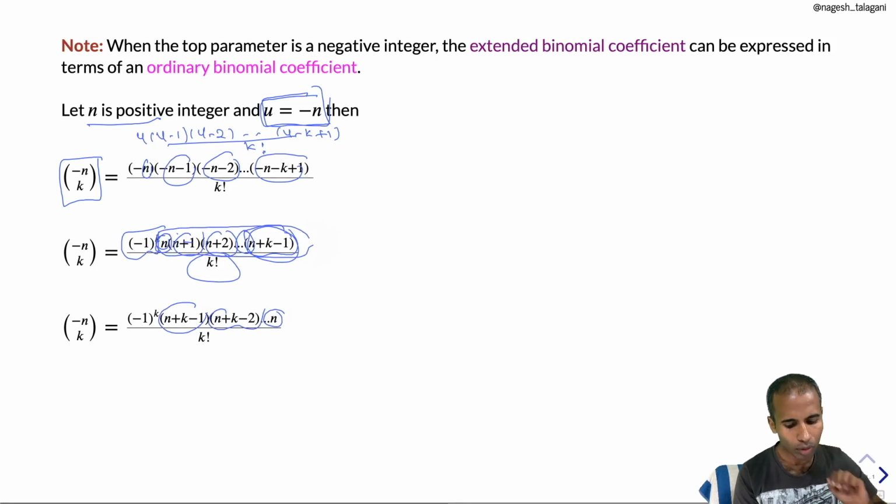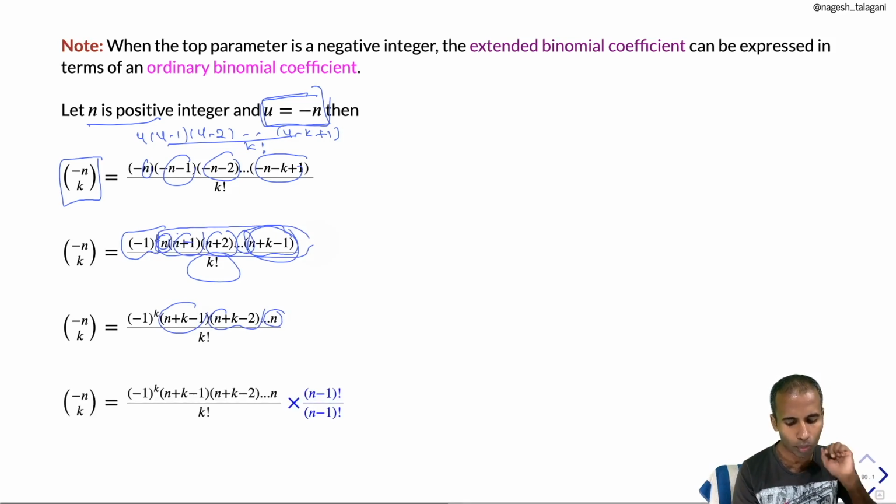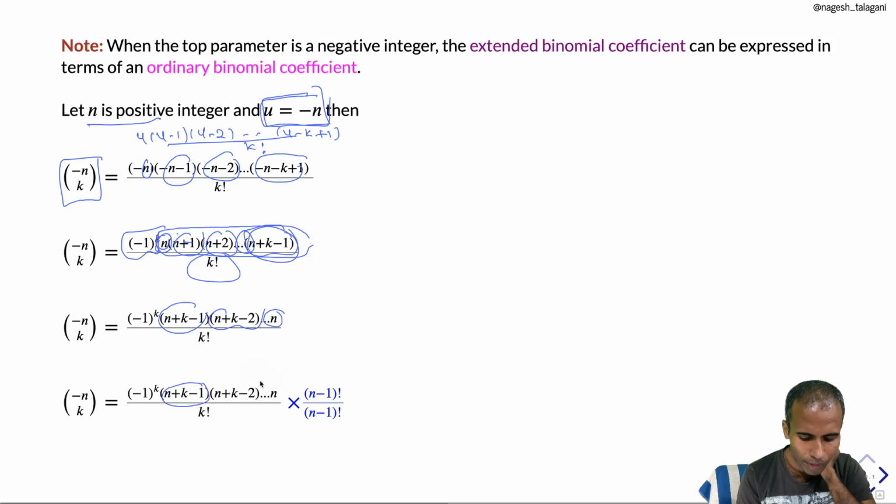Now you multiply and divide by n minus 1 factorial. So here you see n plus k minus 1, n plus k minus 2, up to n. Now I multiplied and divided by n minus 1 factorial. What is n minus 1 factorial? n minus 1 into n minus 2 into up to 3 into 2 into 1.